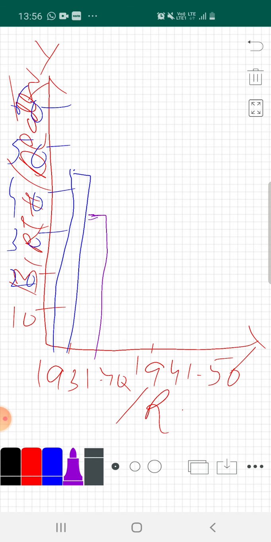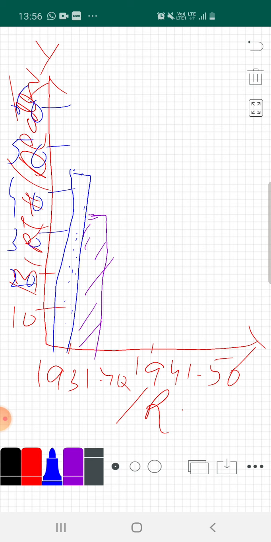Means for the same year I have shown two things. With this purple color I am showing death rate, and with this blue color I am showing birth rate.